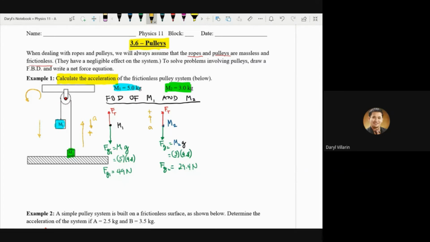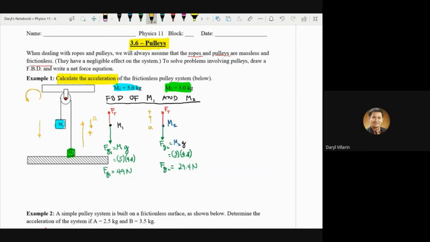Remember that as a system, this object M1 will move down, M2 will move up. So the direction of the acceleration of my M1 is going down, and the acceleration of my M2 is in the upward direction. So therefore, I'm going to set that one as my positive direction. And now I've written my free body diagram.